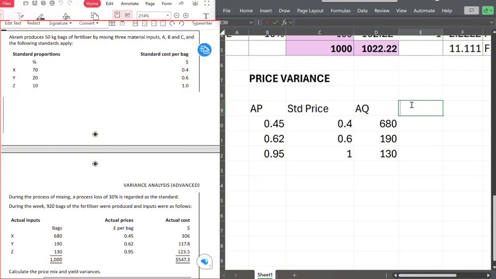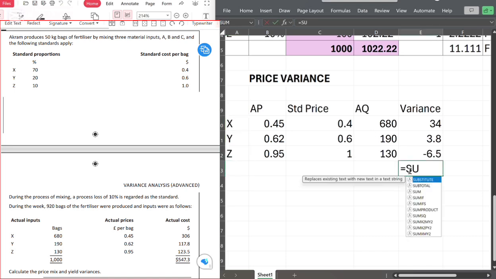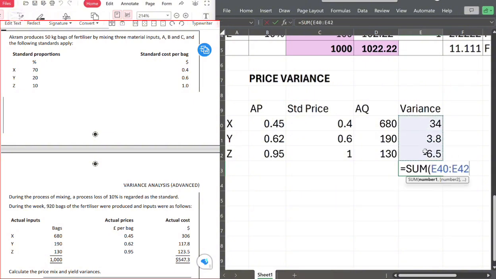With that, we can get our variance, which equals the actual price that we paid minus the standard price that we should have paid, multiplied by the quantity that we bought for each of those products: material X, material Y, and material Z. The total price variance can also be computed by adding everything together, and that is 31.3. But for us to know whether 31.3 is adverse or favorable, we need to check each of them.